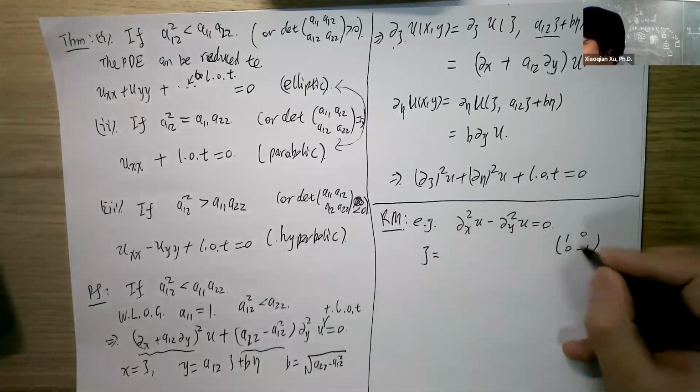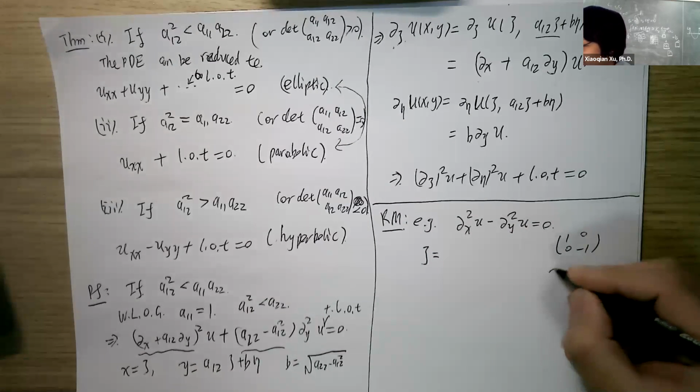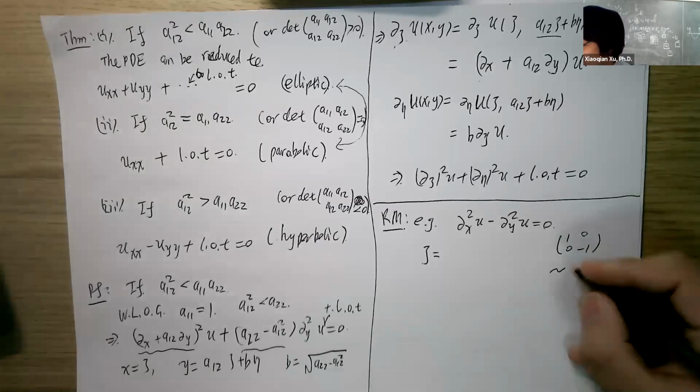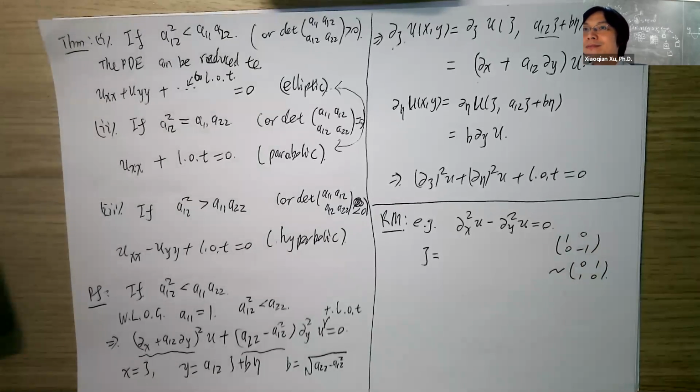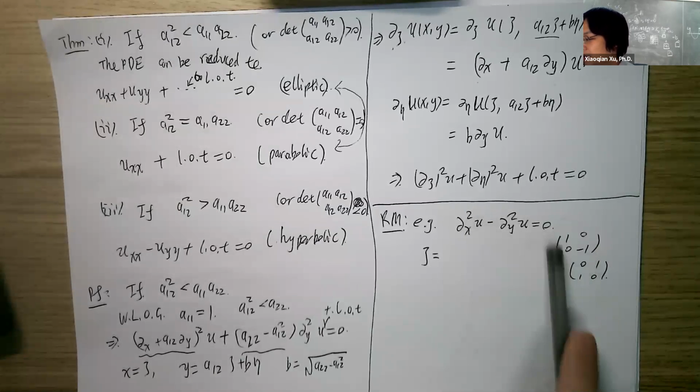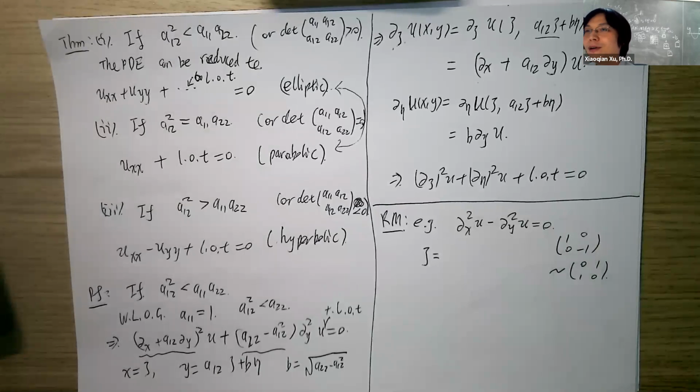You can see that this matrix is similar to this matrix. Then, if you can change your differential equation from this type to this type, what kind of differential equation will you have? What is the corresponding differential equation to this matrix?